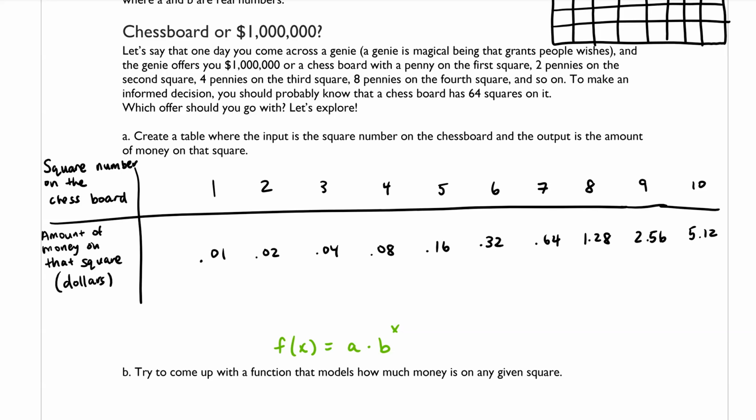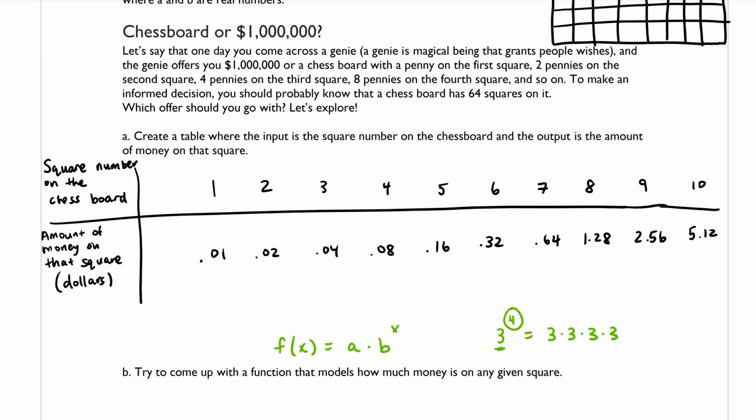What do I mean by that? Well, let's say we had something like 3 to the 4th power. That is equivalent to 3 times 3 times 3 times 3. So we have the base here, and we have this thing called the exponent. And the exponent tells us how many times to multiply our base by itself.